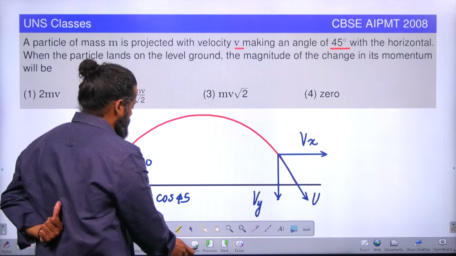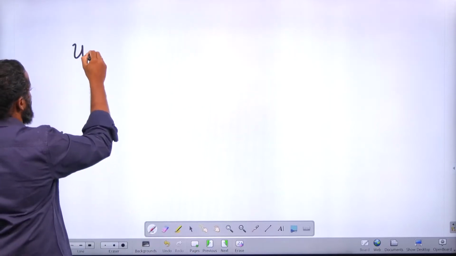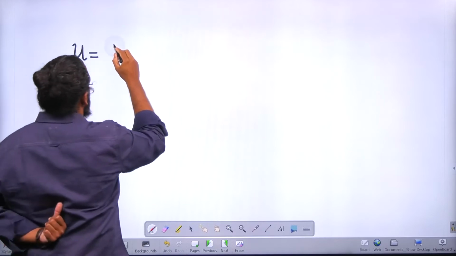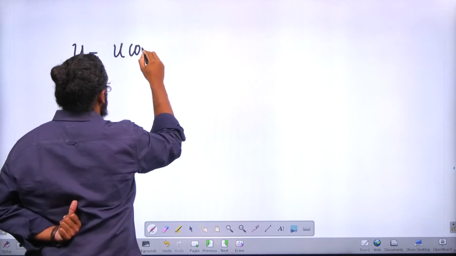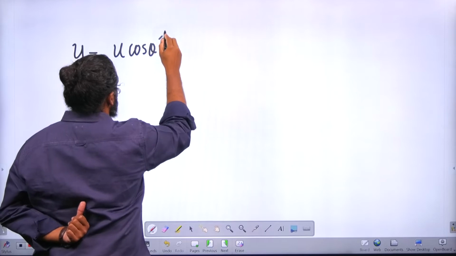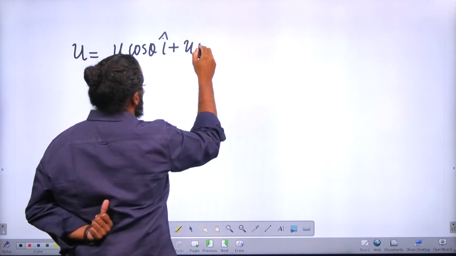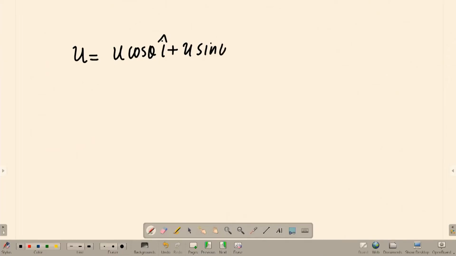Initial velocity is ux, or u cos theta i cap, plus u sin theta j cap.